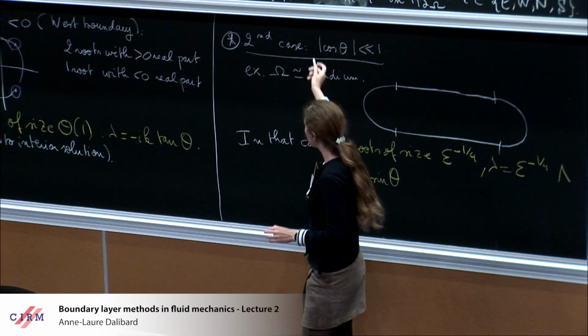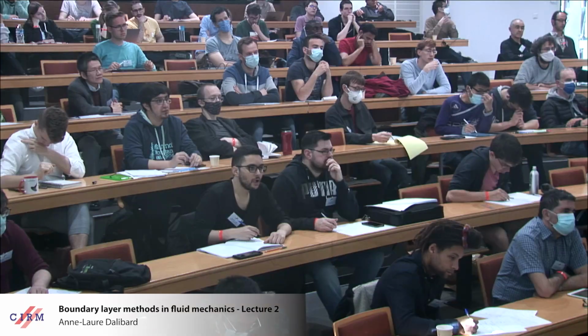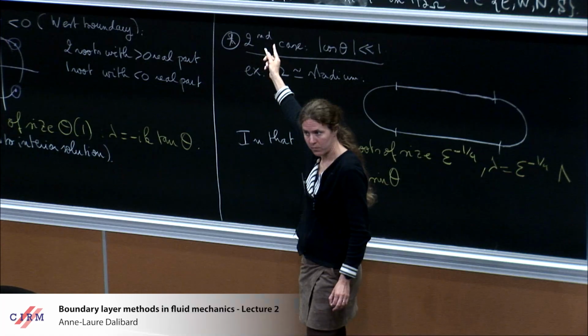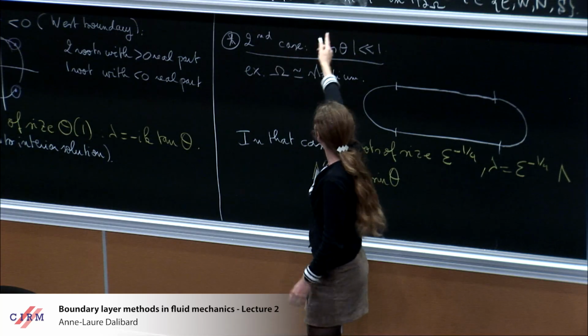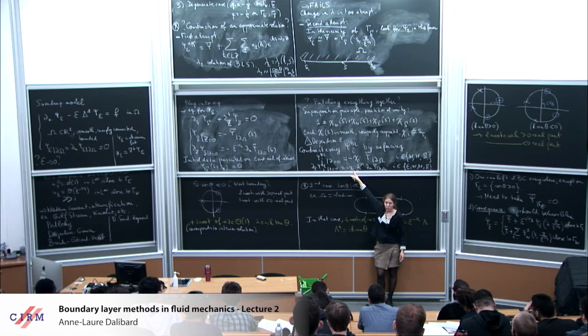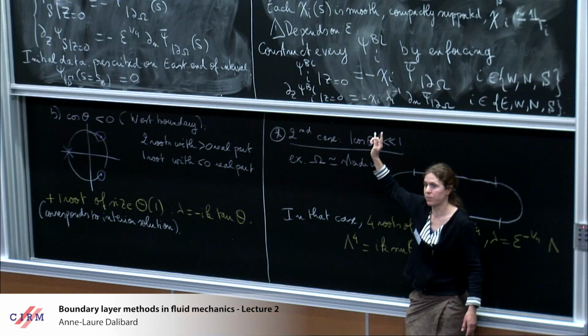But you can take a superposition of different boundary layers with different amplitudes. So when you do that, you connect the amplitudes through this partition of unity, but you don't connect the sizes. And this is much, much less singular.